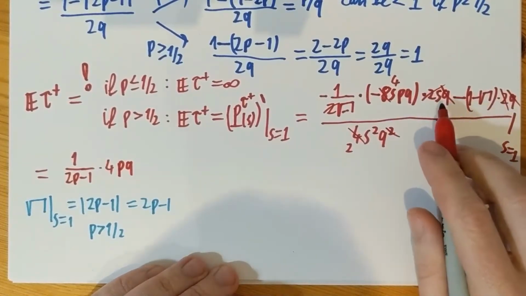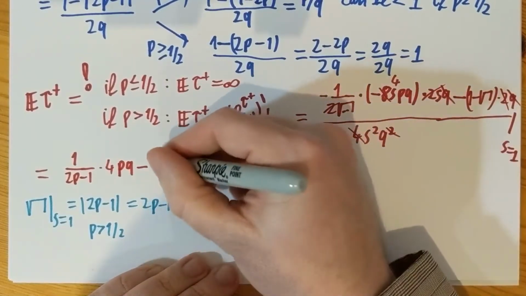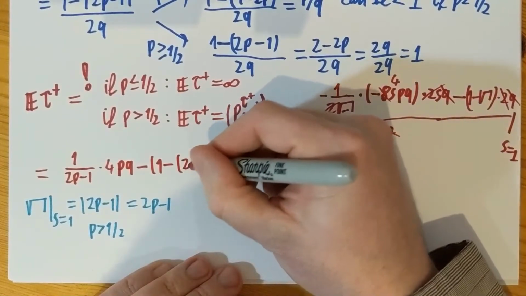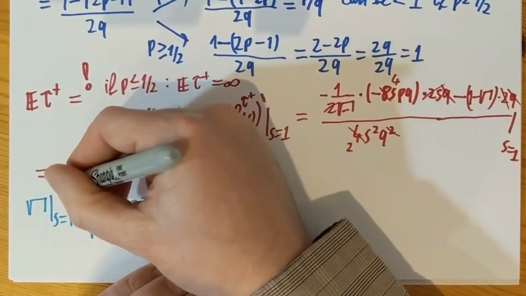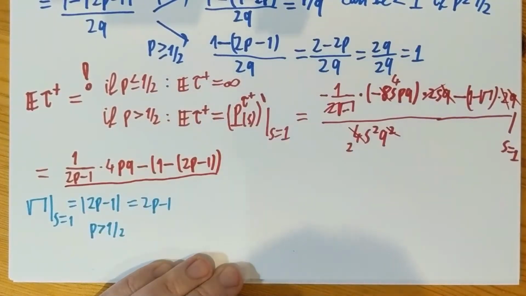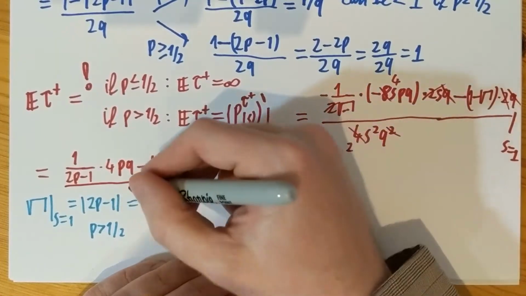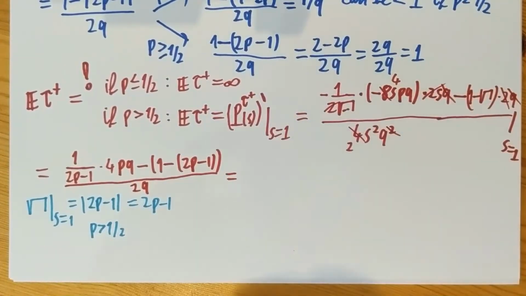Then 1 minus square root, so the square root is 2p minus 1, and then the 2q is gone. Downstairs, s squared is just 1. I have a 2 and a q there.